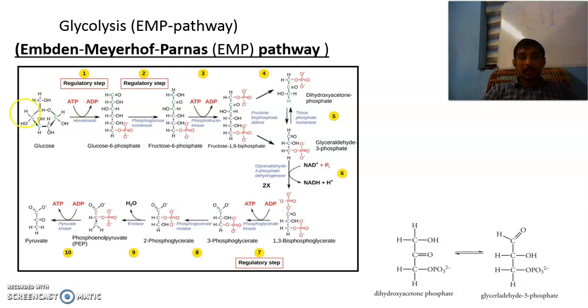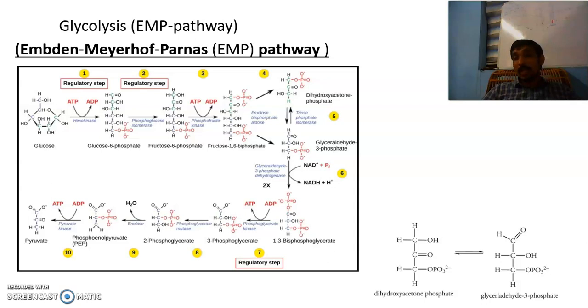During second step, you can see that glucose 6-phosphate is then converted into fructose 6-phosphate. When you compare the carbon, hydrogen, oxygen and phosphate number of both glucose 6-phosphate and fructose 6-phosphate, the numbers are the same. That indicates that glucose 6-phosphate and fructose 6-phosphate are isomers.